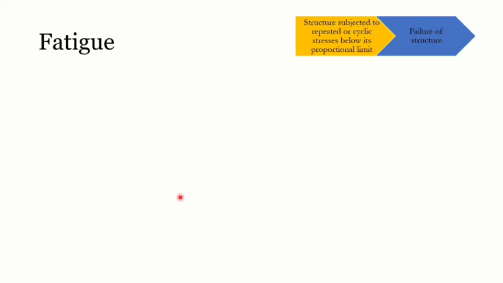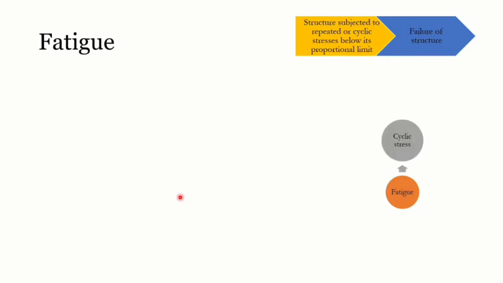What is fatigue? When a structure is subjected to repeated or cyclic stresses below its proportional limit, it can produce an abrupt failure of the structure. This is called fatigue. How can you determine fatigue?